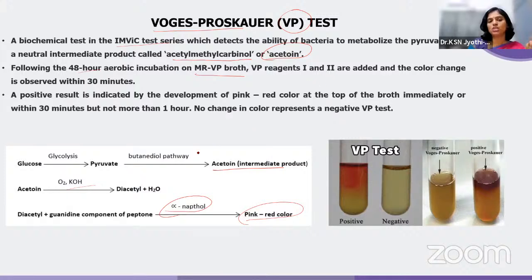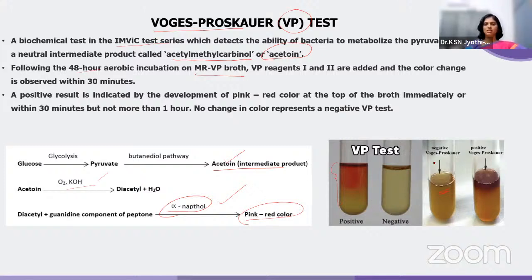Then you add these two reagents, one containing potassium hydroxide, then alpha naphthol. Then in 30 minutes, you will see that if that particular bacteria is producing acetoin, then they combine with alpha naphthol and give rise to a pink red color, which indicates a positive test. In a negative test, you will see that there is no change in the color. That is a negative test.